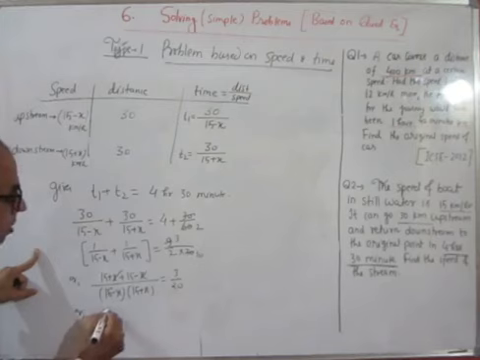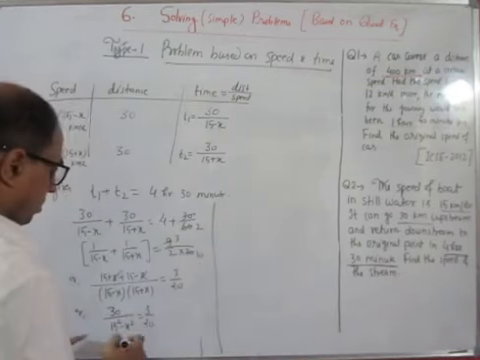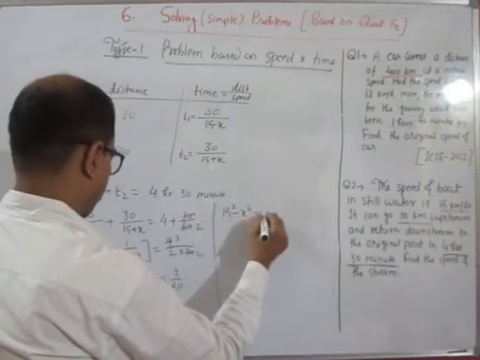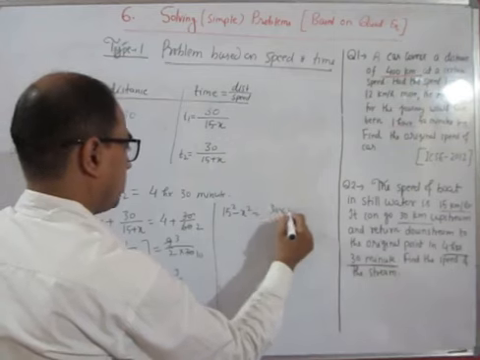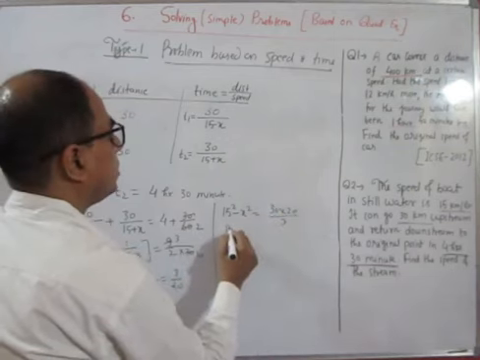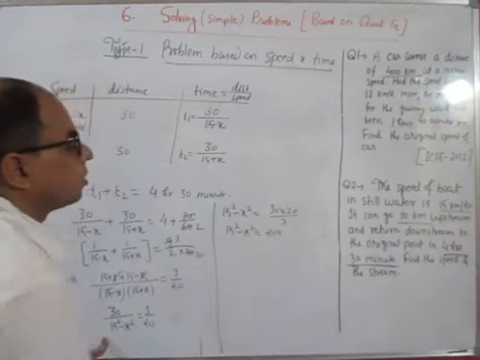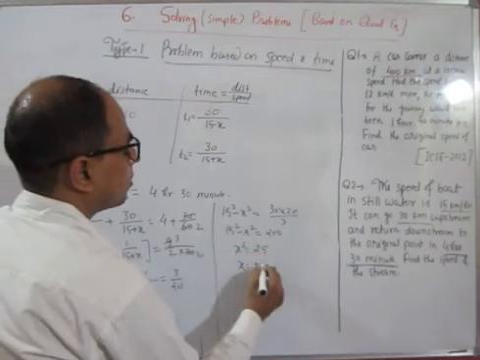So you will get 30 by 15 square minus x square is equal to 3 by 20. So 15 square minus x square is equal to 30 into 20 by 3, which is 200. So x square equal to 25. So x is equal to plus minus 5.